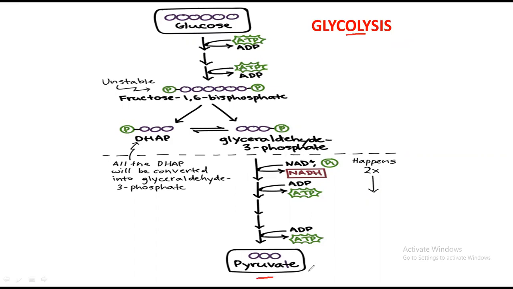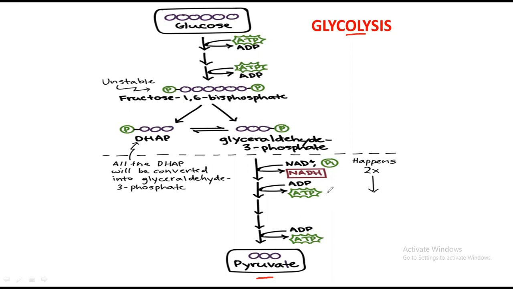After that, this pyruvate enters the Krebs cycle, and after the Krebs cycle, the electron transport chain is conducted and energy is produced. This is all common in the eukaryotic cell and even in microorganisms, aerobic or anaerobic.